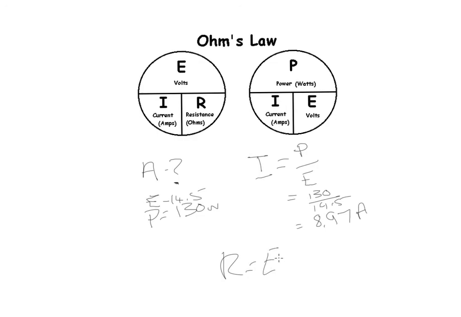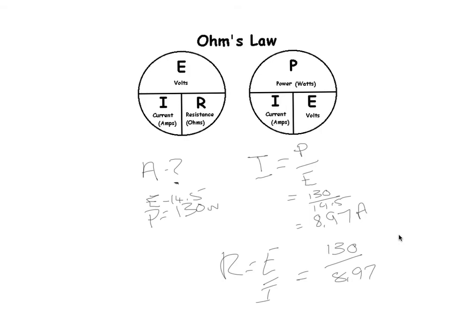R equals E over I, which equals, E is 130, and our I is 8.97. So we do a quick calculation, 130 divided by 8.97, and we get our final number.